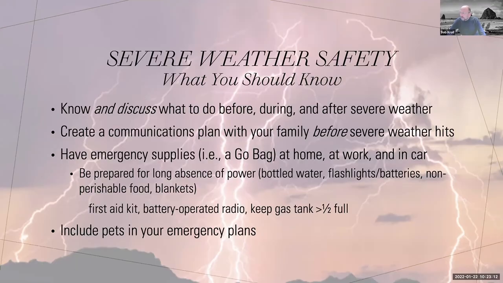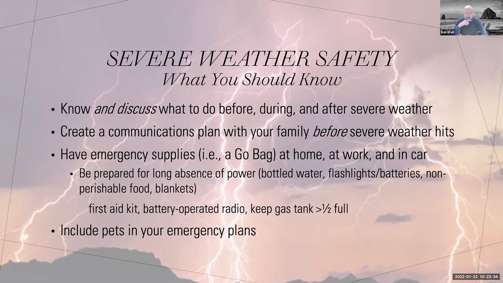So we're coming down near the end. I just wanted to talk about things to help us all be prepared for severe weather. It makes a big difference to know what to do, and talk about with your family and with emergency operation folks what to do before, during, and after severe weather.